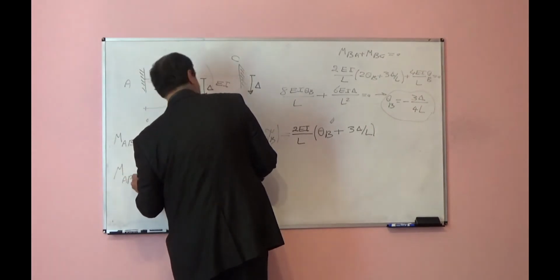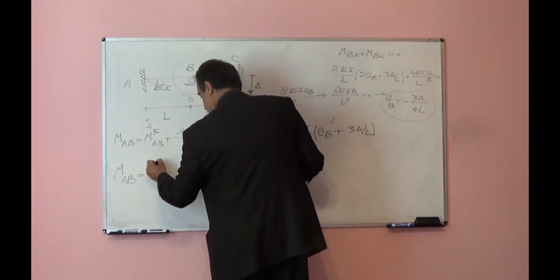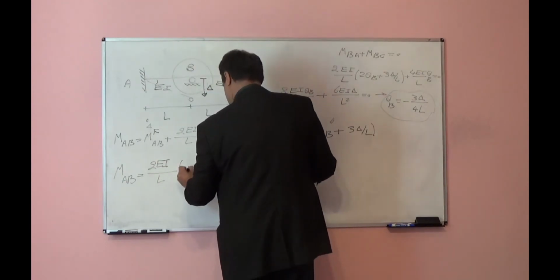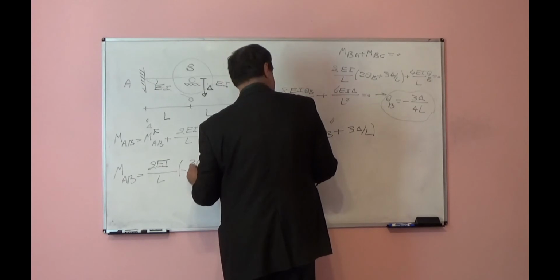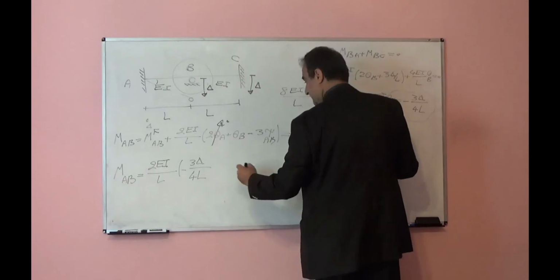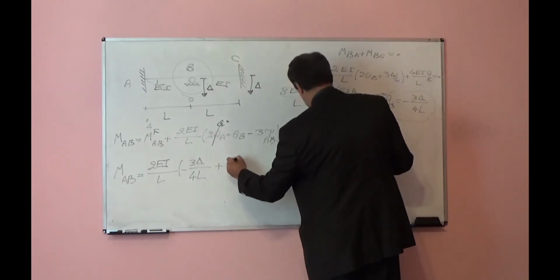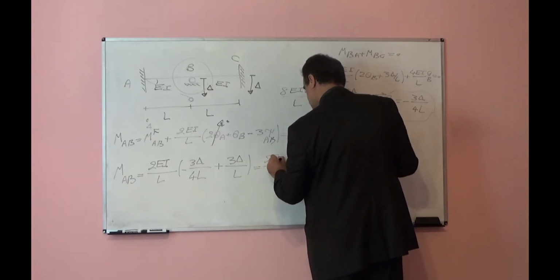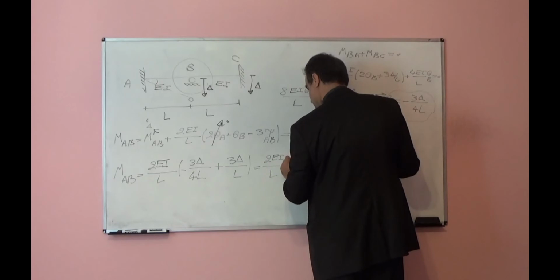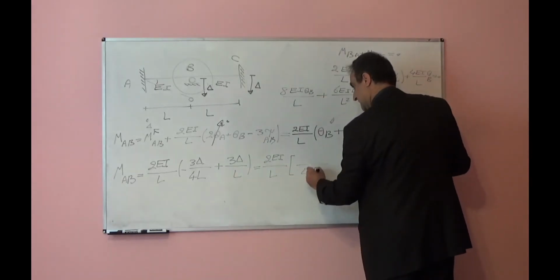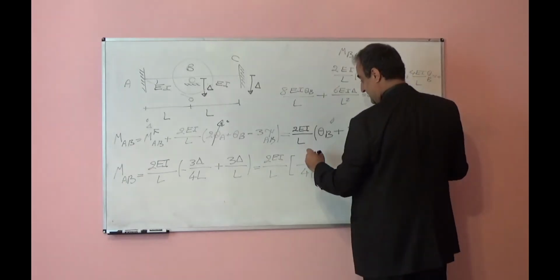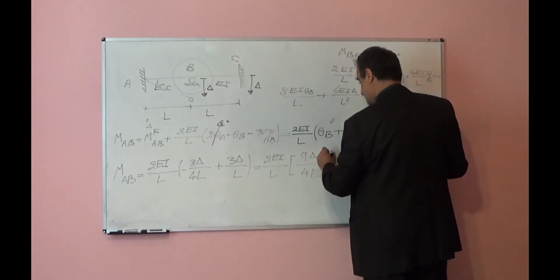M_AB will be equal to 2EI over L times minus 3 delta over 4L plus 3 delta over L. This will be 2EI over L, 4L, 4 times 3 is 12, that will be 9 delta.